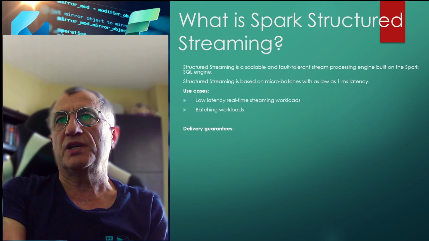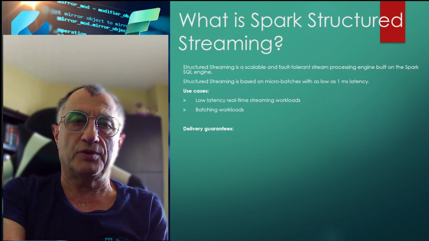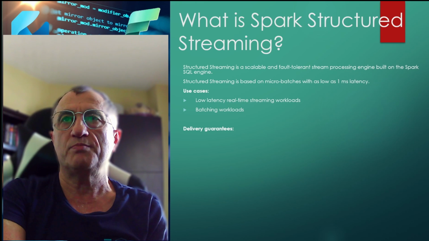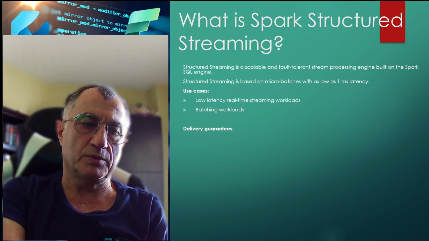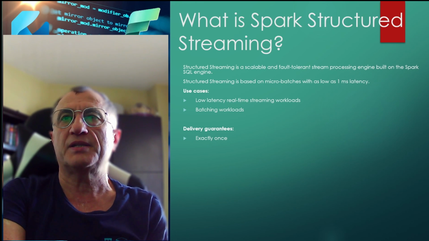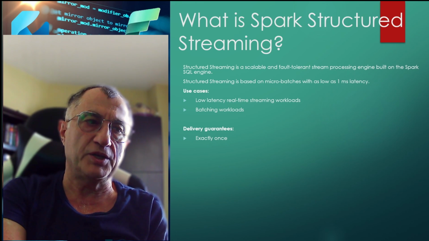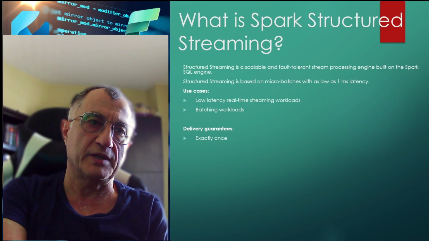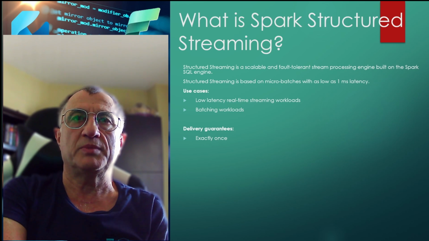Spark structured streaming delivers guarantees for your source data, source messages. There are a few guarantee options. The default one is called exactly once. It means that each of your messages is guaranteed to be delivered, and there will be no duplicates.